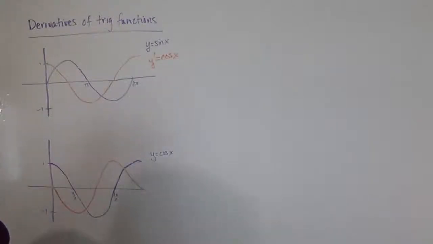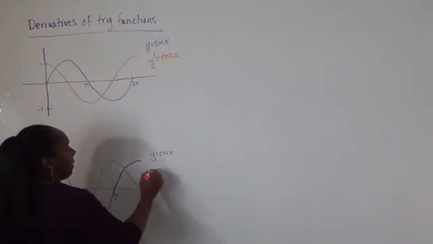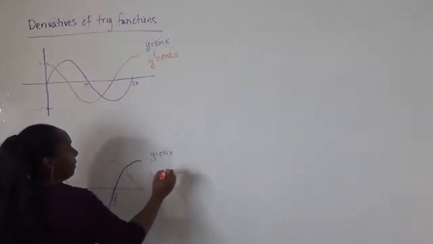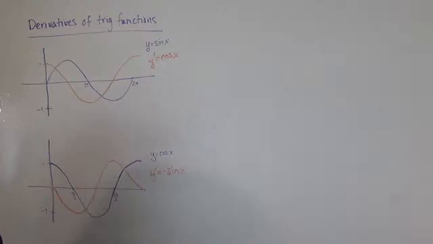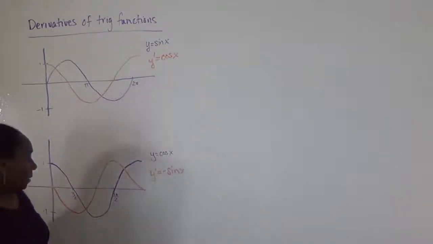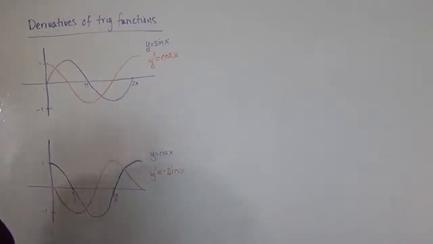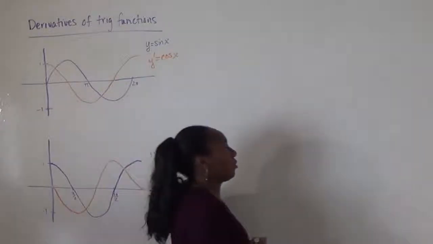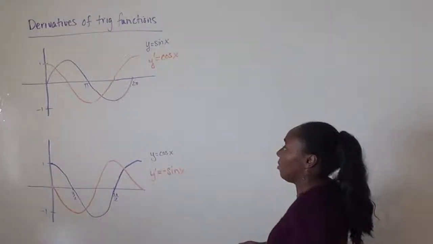And so if we look at that curve, we can see that the derivative looks like negative sine of x. Now, using our trigonometric properties, we can use these two derivatives to come up with the derivatives for the other 4 trigonometric functions.